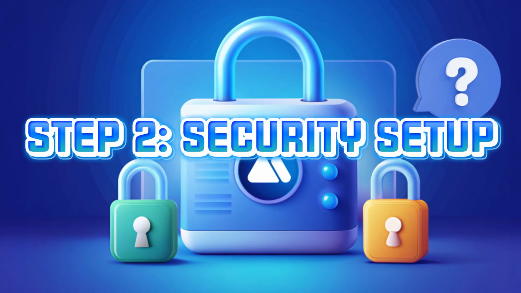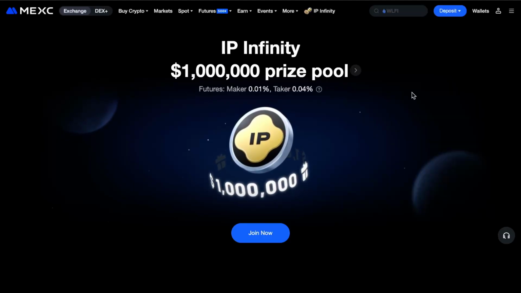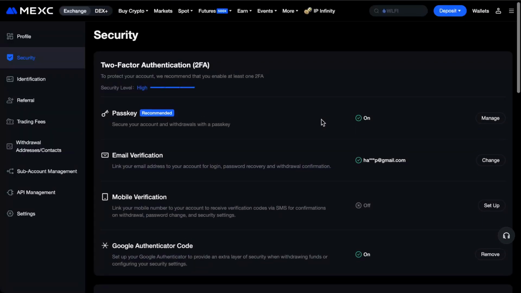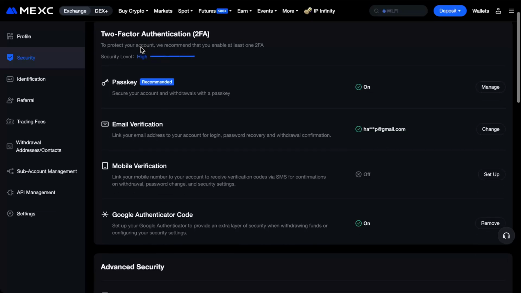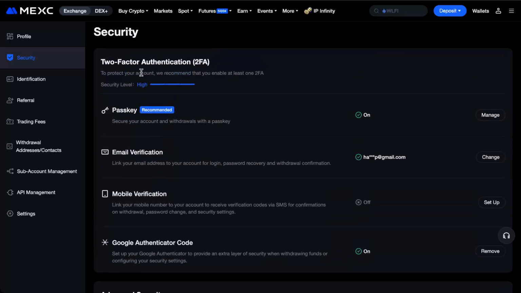Step 2: securing your account. Now, security is crucial. MEXC makes it very clear that there are two levels of account security: basic and advanced. Basic security includes things like two factor authentication, mobile verification, email verification, and passkeys. These are the essentials you should always set up, especially two factor authentication.